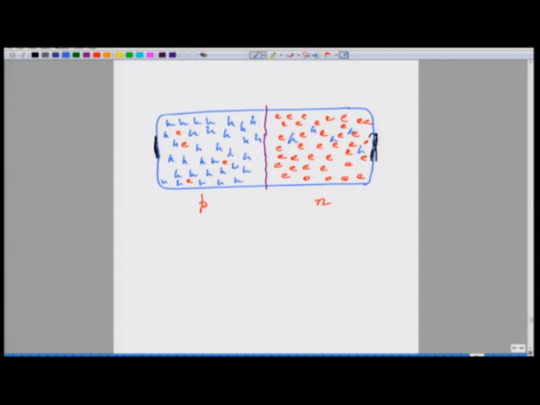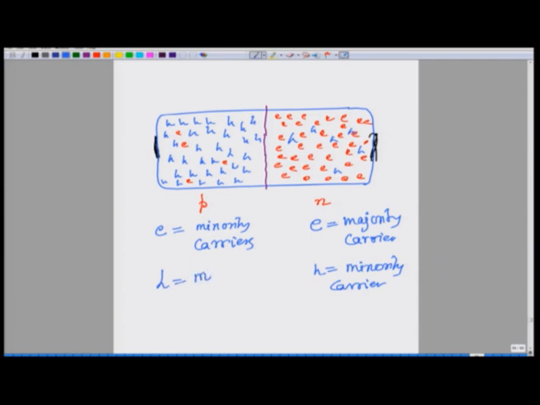So, that is also there, and on this side electrons are the majority carriers, and holes are the minority carriers, whereas on the opposite side electrons are minority carriers and holes are majority carriers.